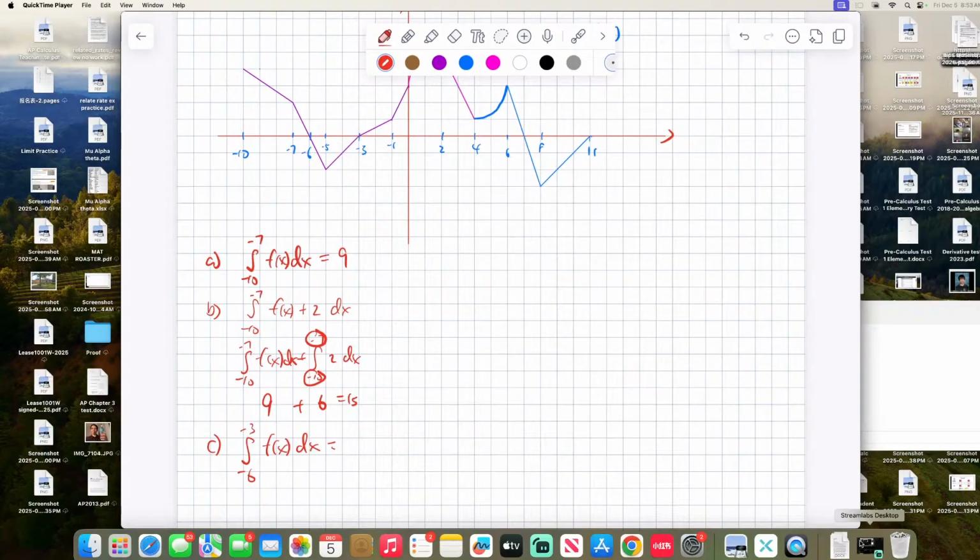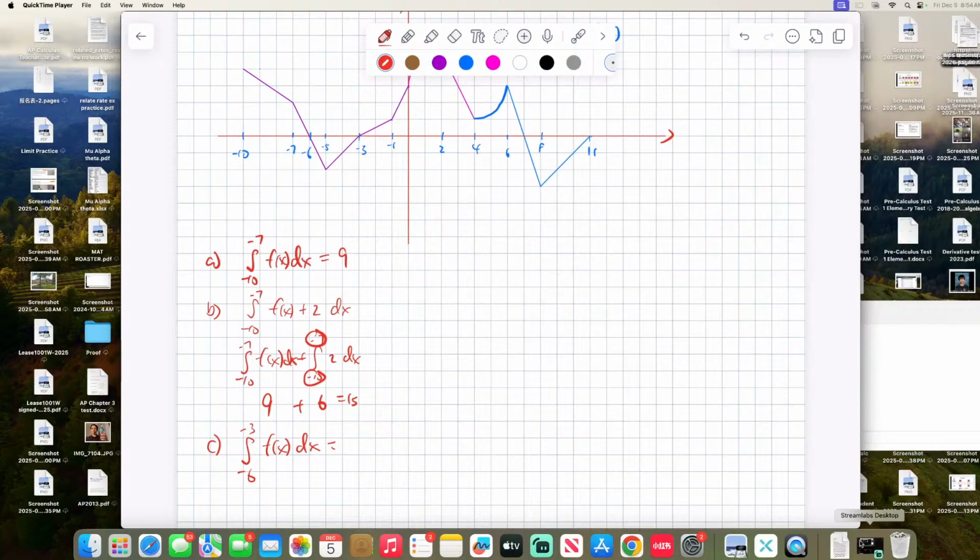So negative 6 to negative 3 of f of x dx, what would it be? Now you see the graph is below the x-axis, and the orientation is from negative to positive. In terms of this, it's not just looking at area. Since it's below the x-axis, there's no such thing as a negative area, but it does give you a negative value as far as the integral goes.